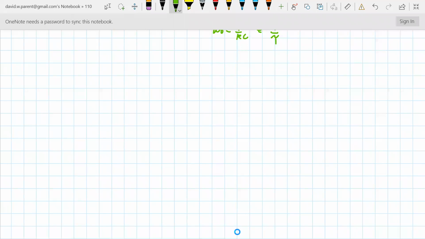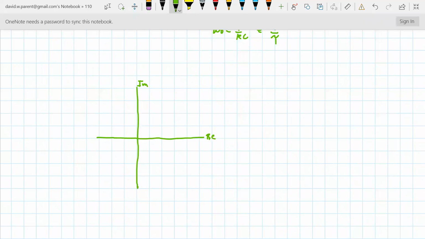So let's try to review what's going on with these imaginary numbers and phase. So this is the imaginary axis, and this is the real axis.